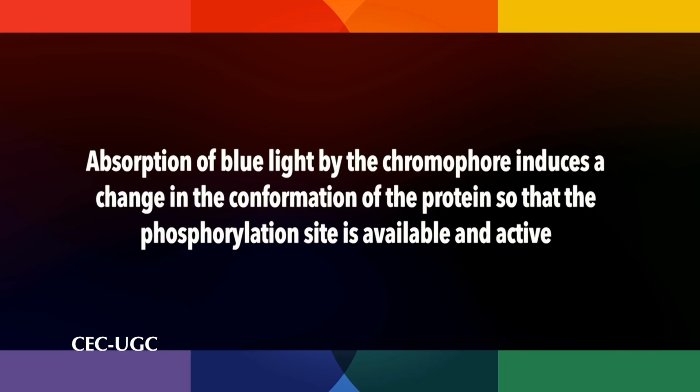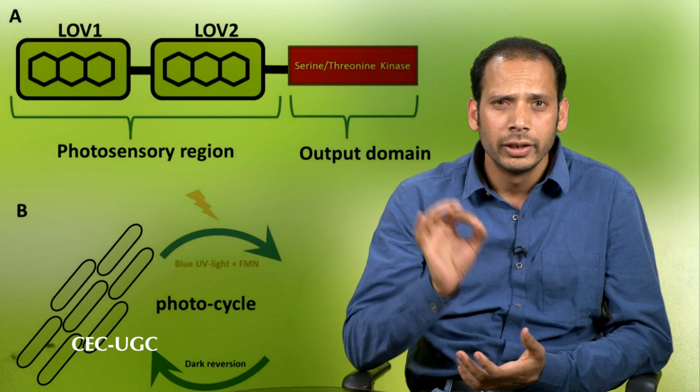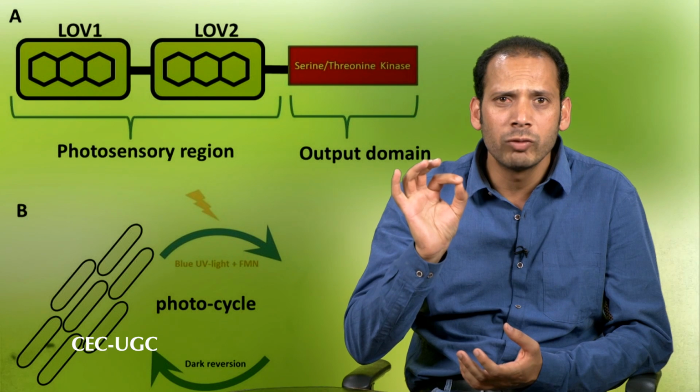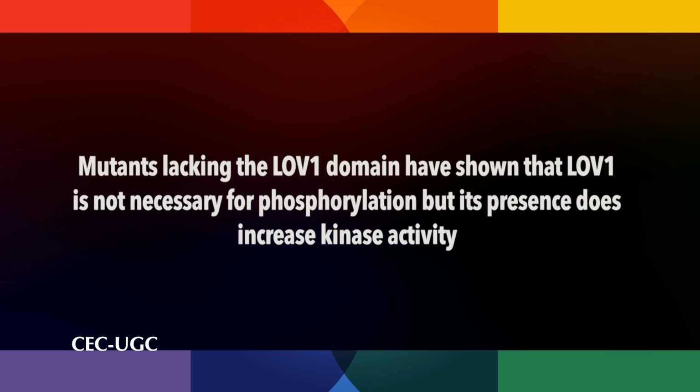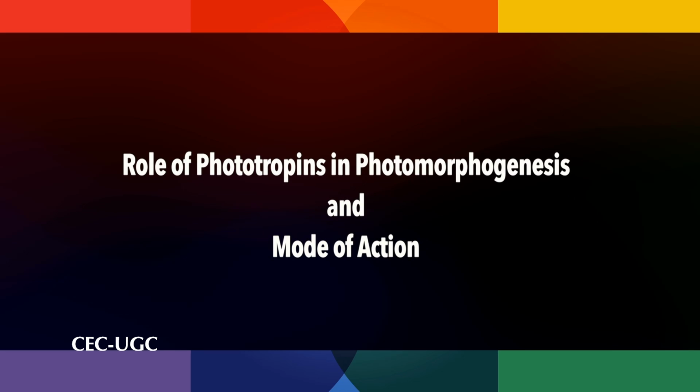Absorption of blue light by the chromophore induces a change in the conformation of the protein so that the phosphorylation site is available and becomes active. The role of LOV domain 1 is not clear. Mutants lacking the LOV1 domain have shown that LOV1 is not necessary for phosphorylation, but its presence does increase kinase activity of the protein. Now we will discuss the role of phototropin in photomorphogenesis and its mode of action.